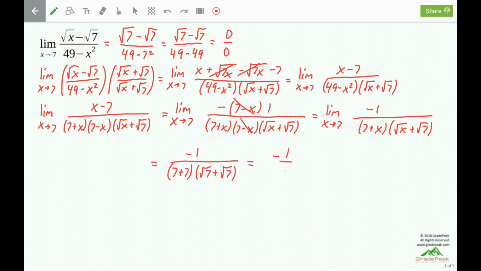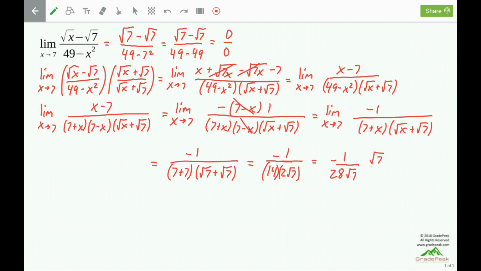That will give us negative 1 divided by 14, if we add those 7's together, and then 2 root 7 if we add the root 7's together. We can now multiply the 14 and the 2, so we will get negative 1 over 28 root 7.